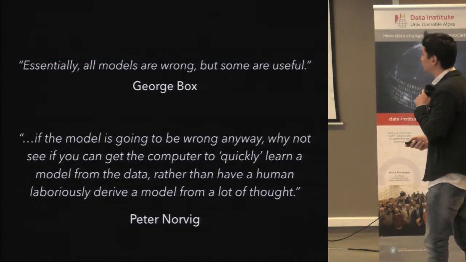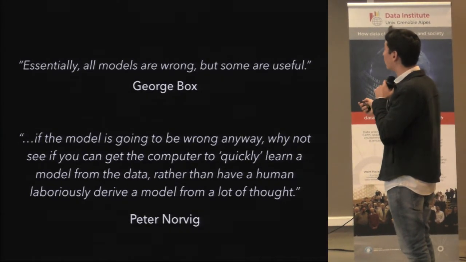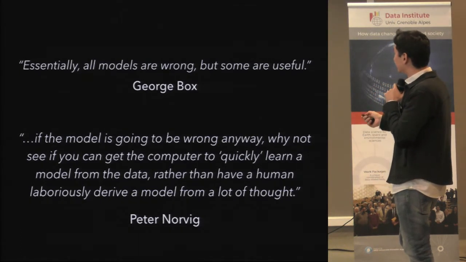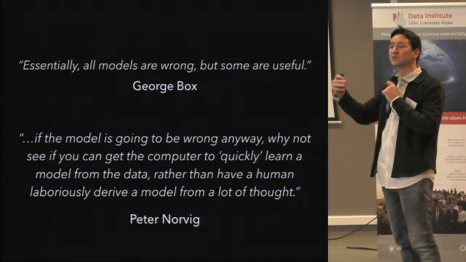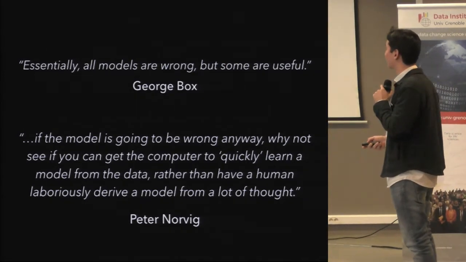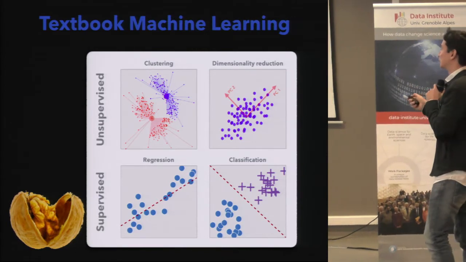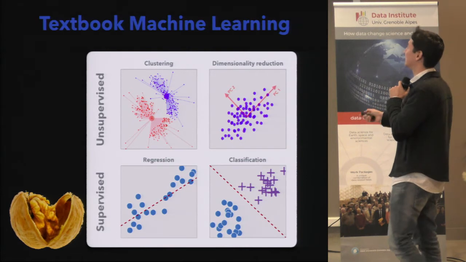And here again, two really nice quotes. This is a very well-known one, that all models are wrong, but some are useful. And then this idea that we can set computers to compute the models for us instead of us deriving the model from a lot of thought. Let's see how that works. And here, just a textbook machine learning slide in a nutshell.